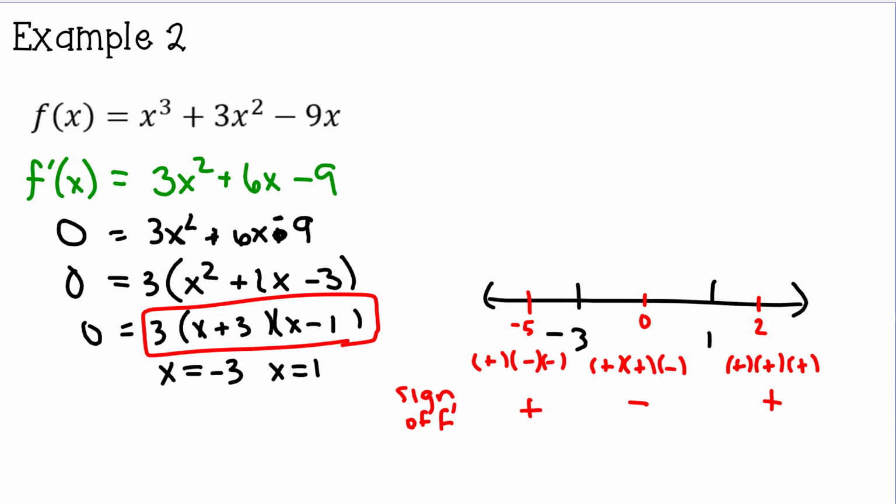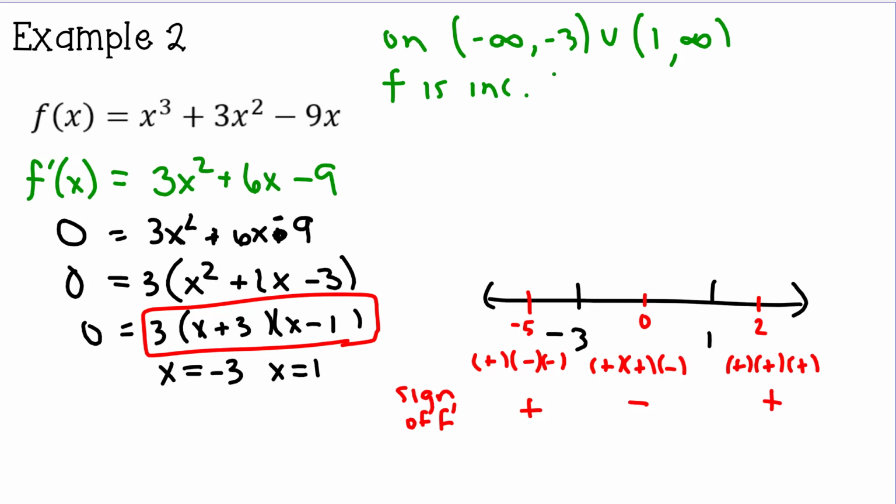So again, I'm going to write a concluding statement. On negative infinity to negative 3 union 1 to infinity, f is increasing because f prime is positive.